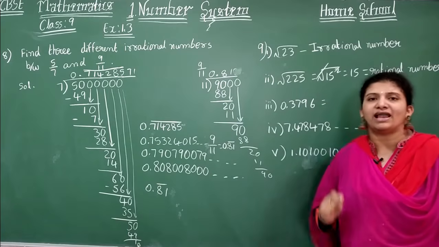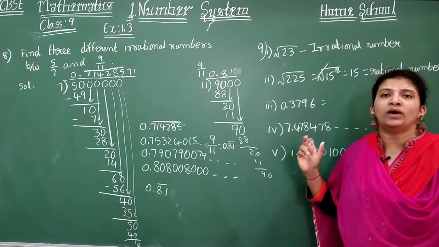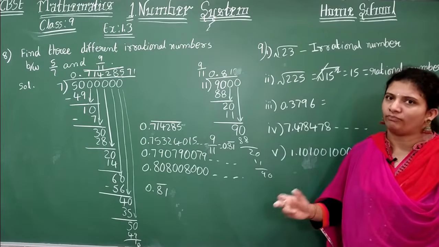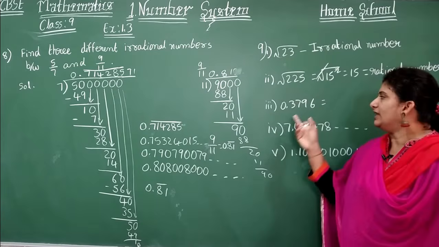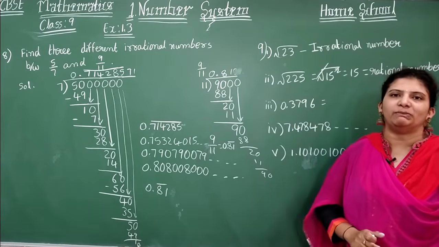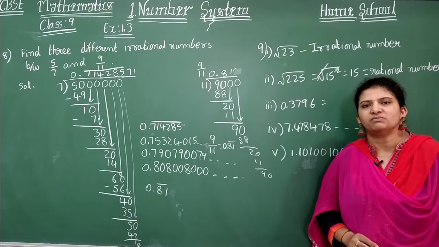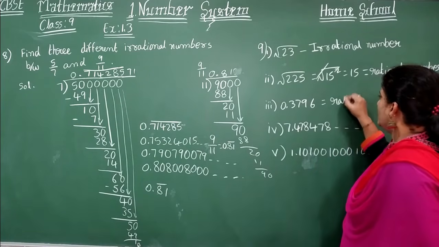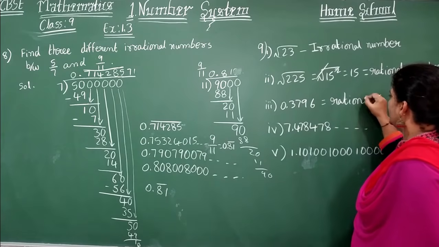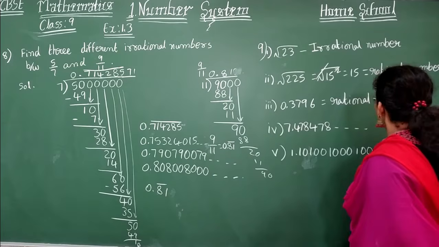When you have any number in the form of p by q, where q is not equal to 0, then the decimal what you get will be terminating decimal. Terminating decimal is nothing but it is a rational number. It is what, children? It is rational number.